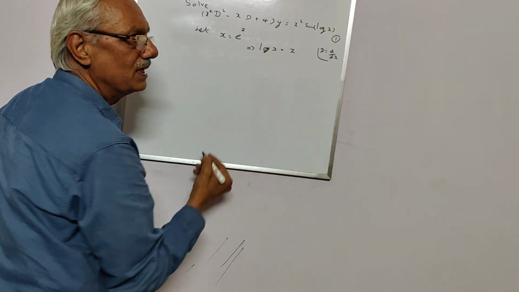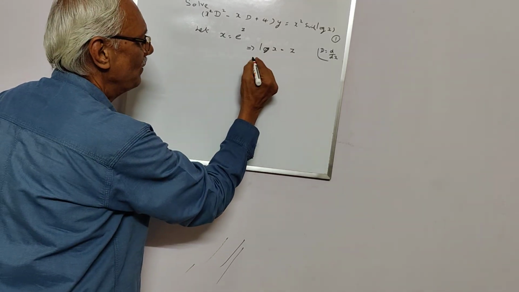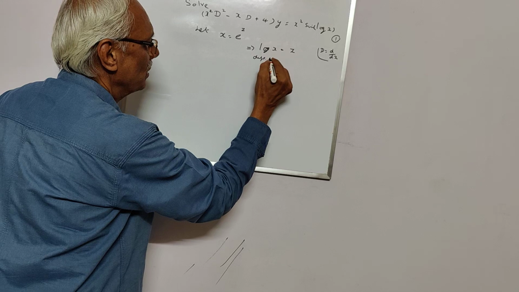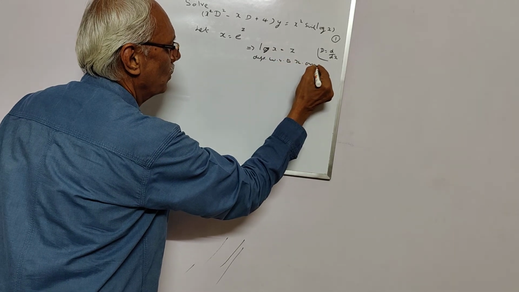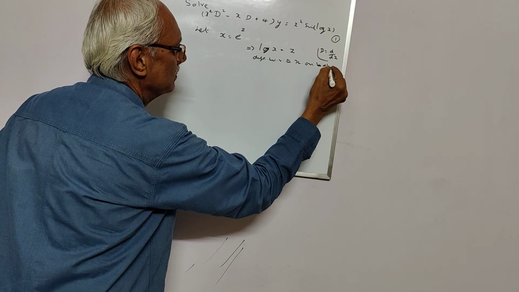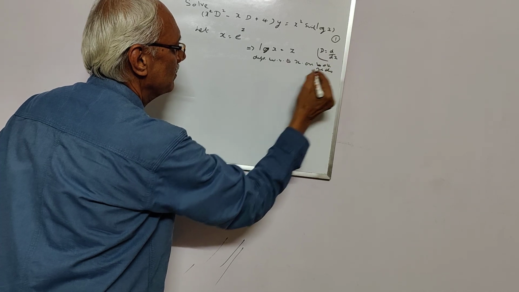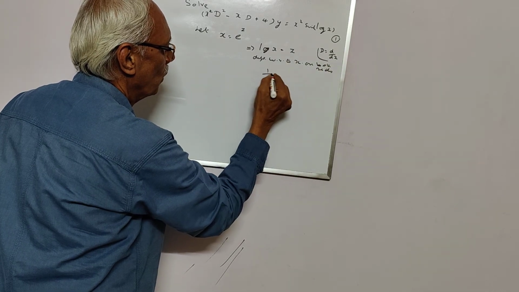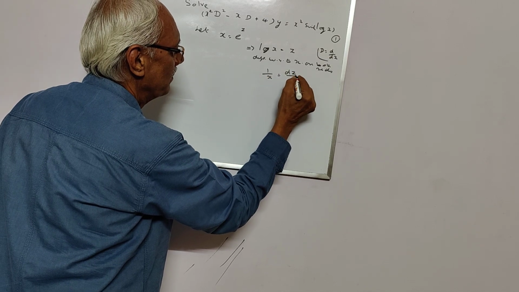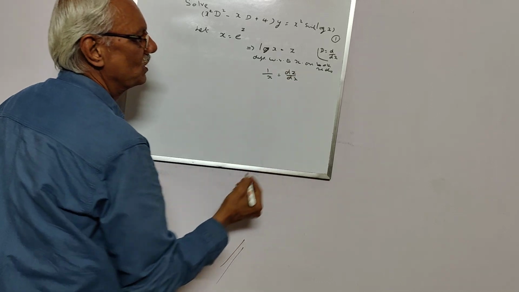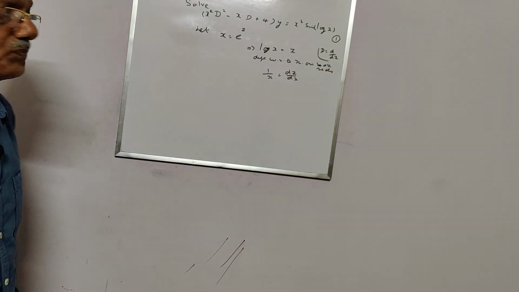So log of x is equal to z. So differentiate with respect to x on both sides. So this will give you 1 by x is equal to dz by dx.